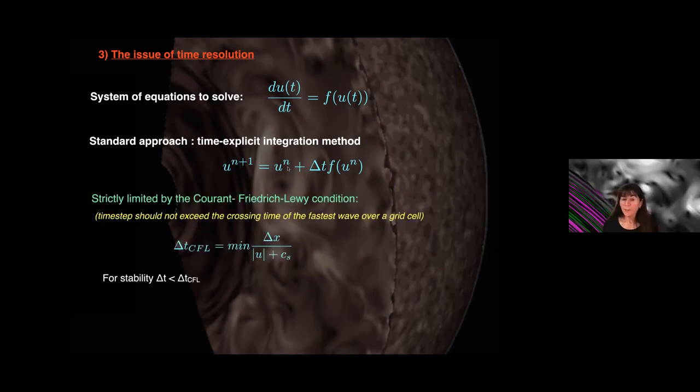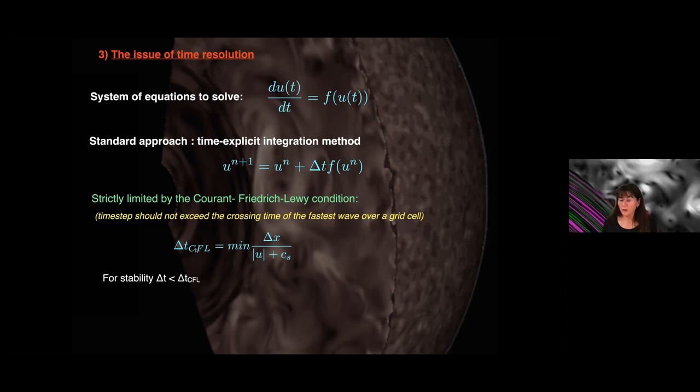But the problem is that this type of time integration is strictly limited by the Courant-Friedrichs-Lewy condition, which means that the time step has to be smaller than the minimum time for the sound speed to cross a cell size. For stability reasons, the time step must be strictly smaller than what I call the CFL time step.